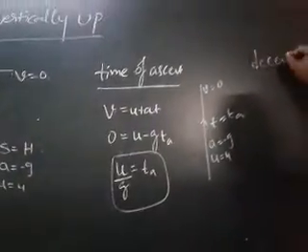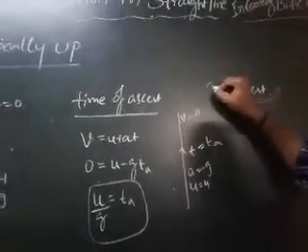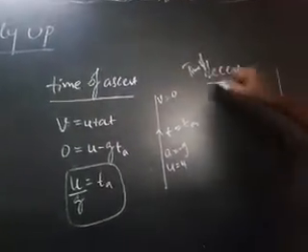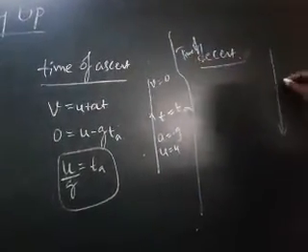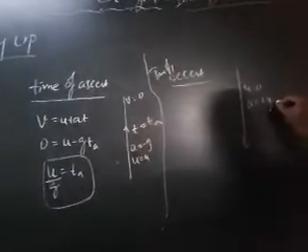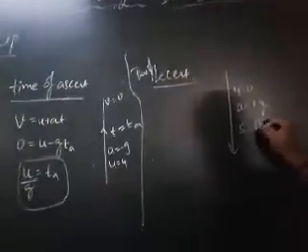Descent. Time of descent is the time taken by the body to reach the ground. Here u is 0, a is plus g, and s is equal to h.